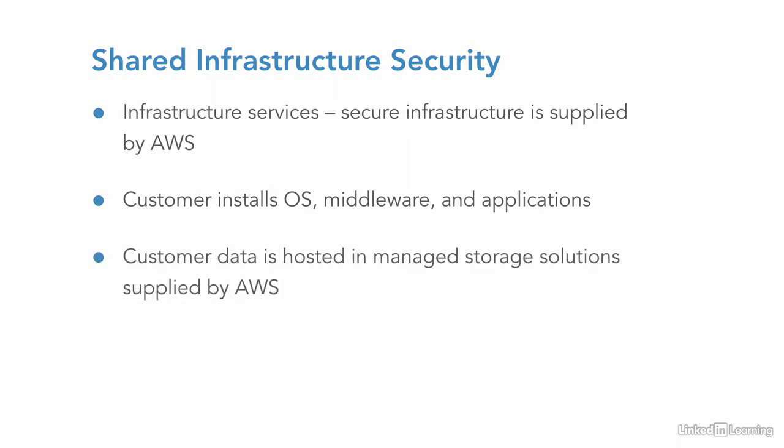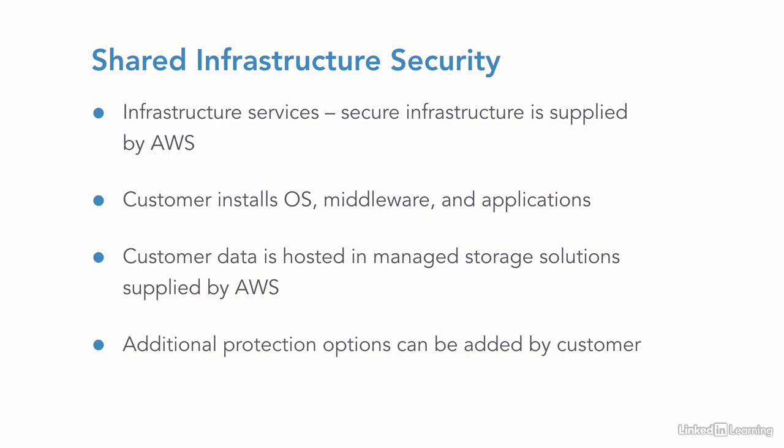The data that the customers use is hosted in managed storage solutions. Again, supplied by AWS, secured hardware-wise by AWS, but I've got to do the job of securing my data for my purposes. Any additional protection options can be added by the customer, whether it's a custom malware program, custom monitoring, in addition to what Amazon offers.